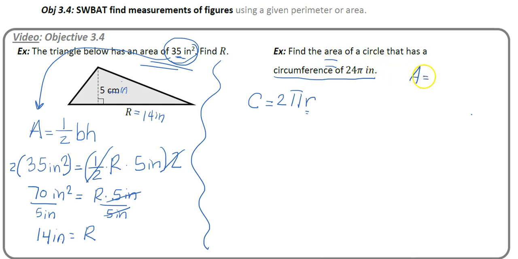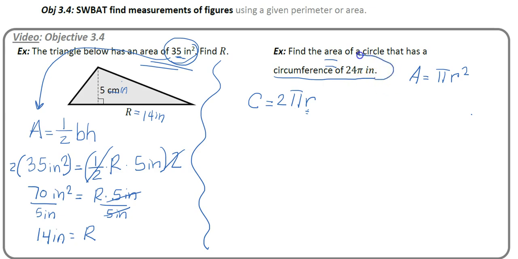Recall, area of a circle is pi r squared. So you really need the radius dimension for area of a circle. So the circumference formula says circumference is equal to 2 times pi times radius.